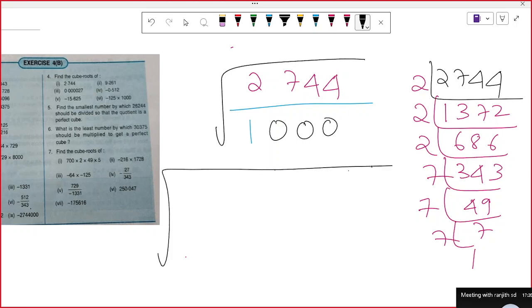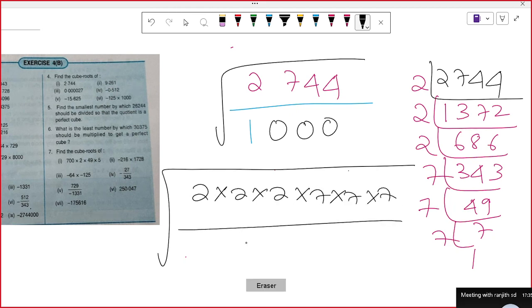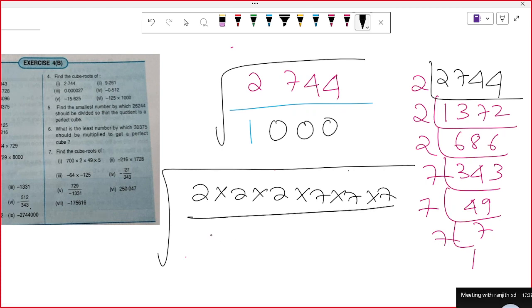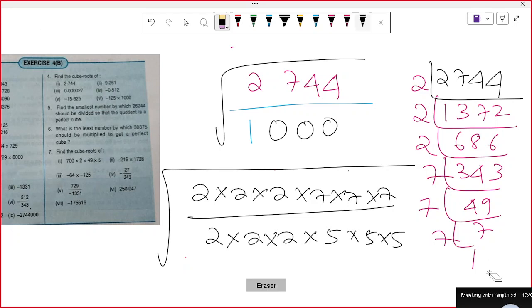For 2744 you got 2 into 2 into 2 into 7 into 7 into 7. And for 1000 what will you get? 10. If you want 10, you'll get 2 into 2 into 2, into 5 into 5 into 5, like this.